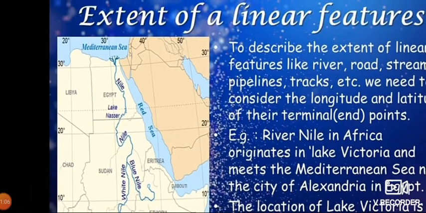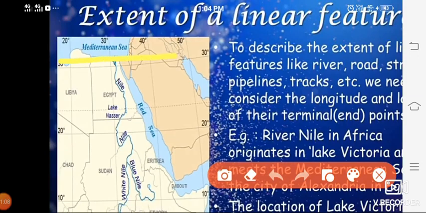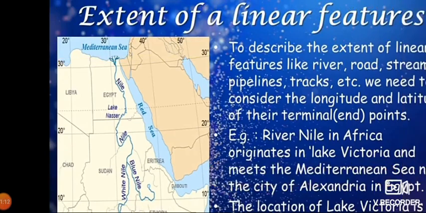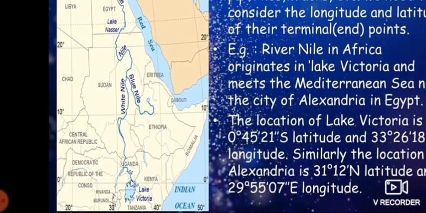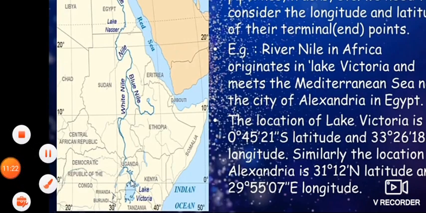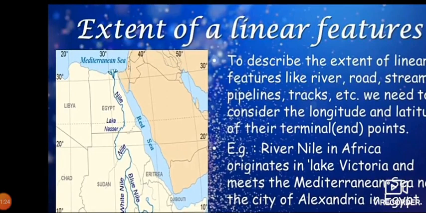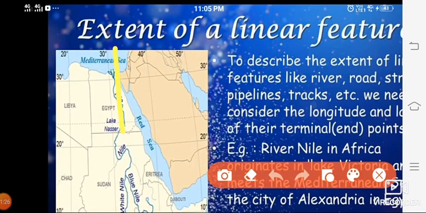So see here it is 31 degrees 12 minutes north. And next, the longitude, that is vertical, is 29 degrees 55 minutes 7 seconds east longitude. So this is the longitude, this is the latitude.